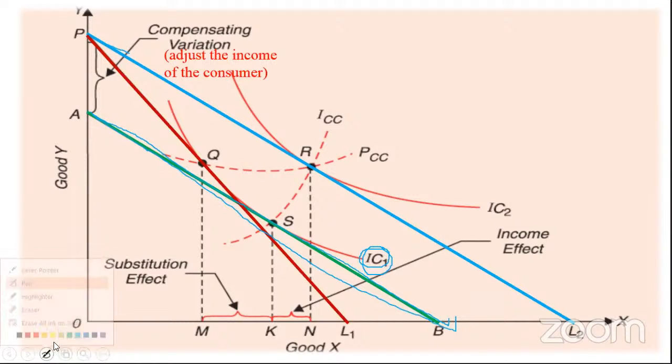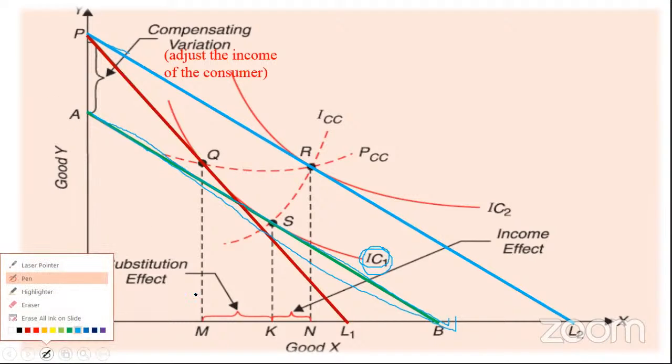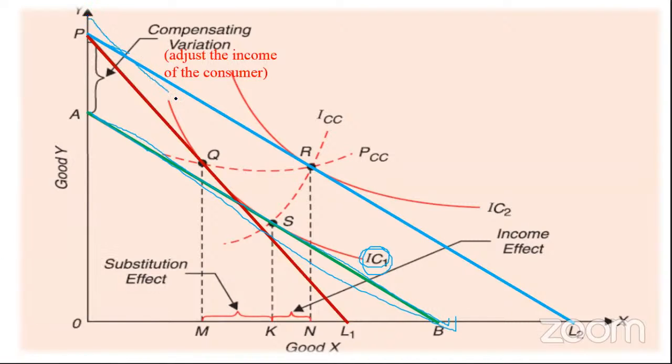Why not draw the same parallel line to PL1? PL2 is the sky blue line, and I am drawing the green parallel line. Both are the same, PL to AB. This is the compensating method of price effect decomposition.